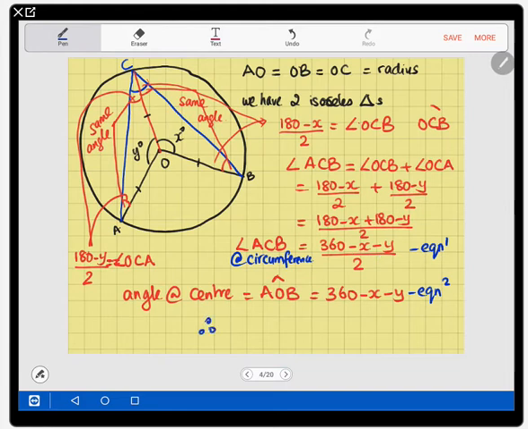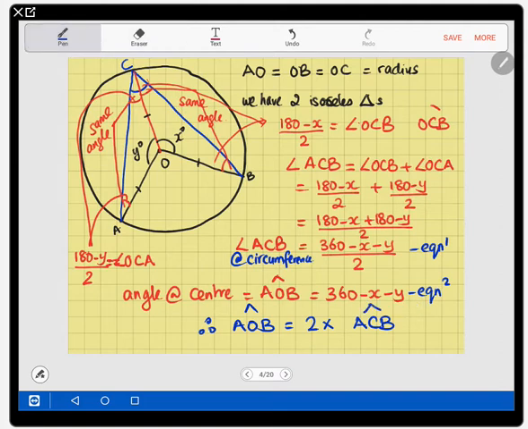Therefore, angle AOB is equal to 2 times angle ACB. Right? No, I don't want to confuse you.